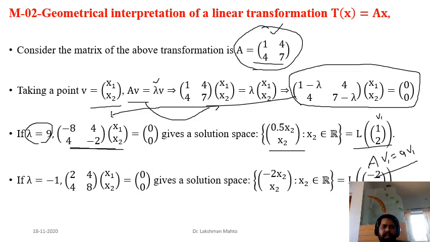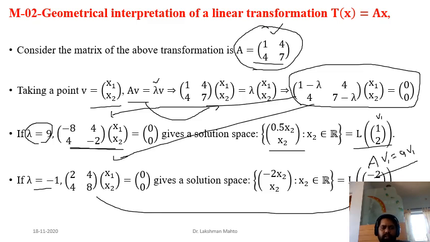Similarly, if you take lambda equal to minus 1, then this system will take this form. And the solution of this system would be the linear span of negative 2 1. Call this vector v2.